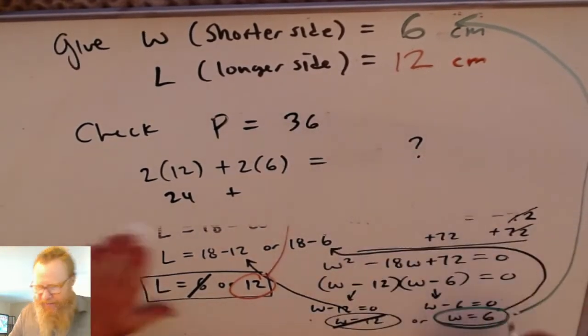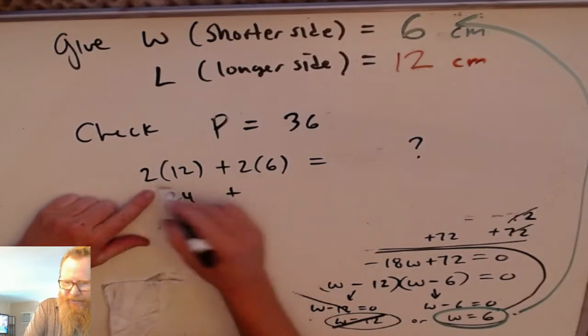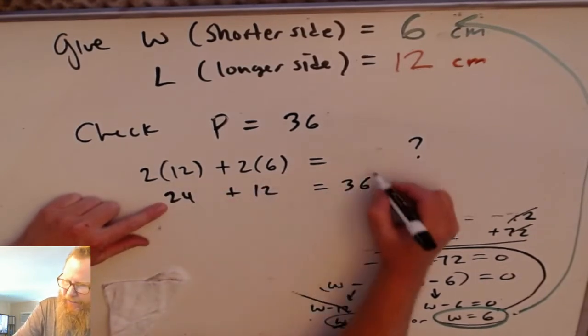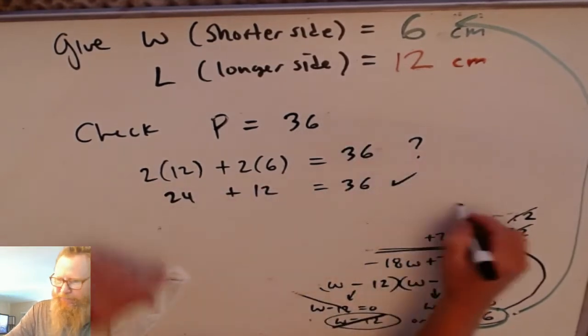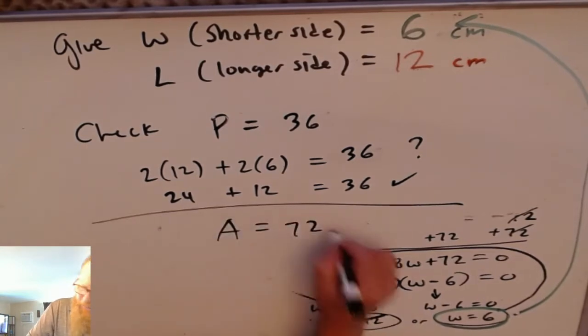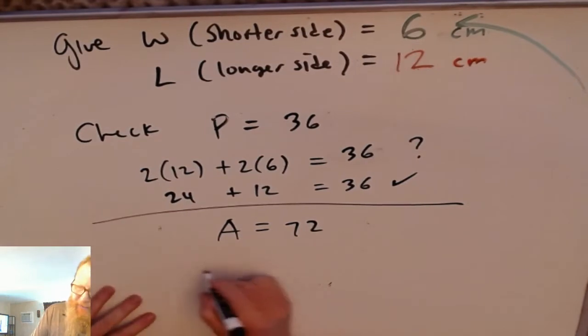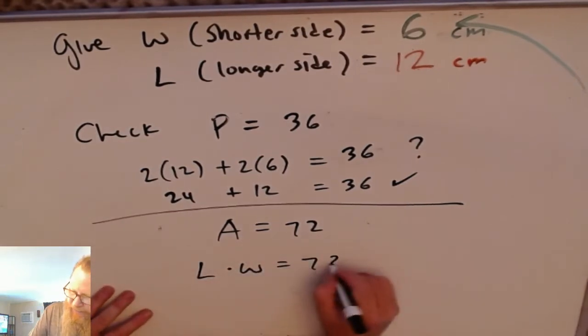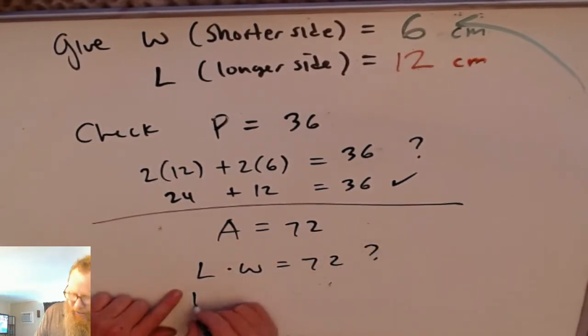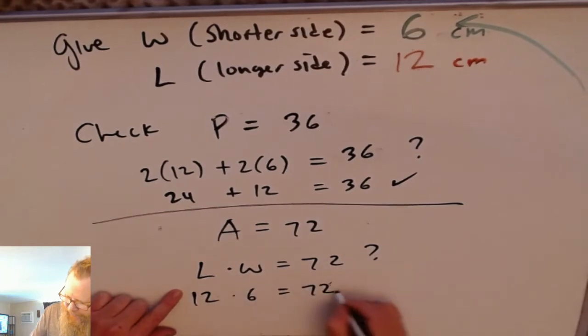The perimeter was 36. So that's 24 plus 12 is 36. Check. Good. The area was supposed to be 72. So that's L times W is 72. L was 12. 12 times 6 was 72.